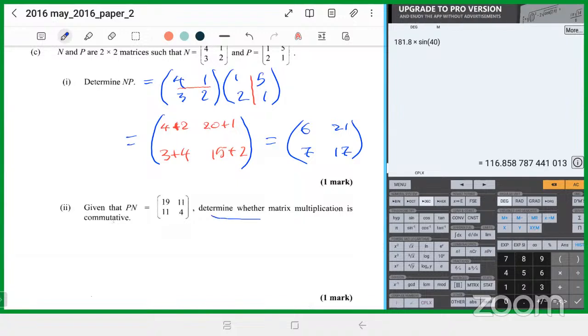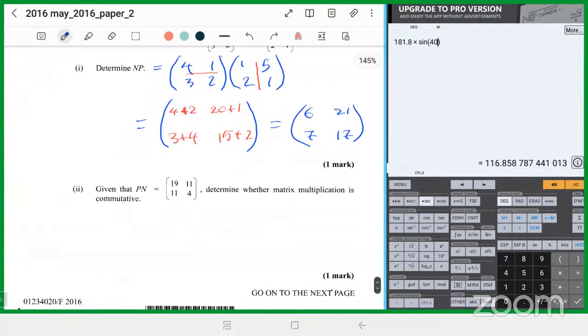You said determine whether matrices multiplication is commutative. It's almost testing your knowledge of the word. It is not. You can say since NP is not equal to Pn, therefore non-commutative.